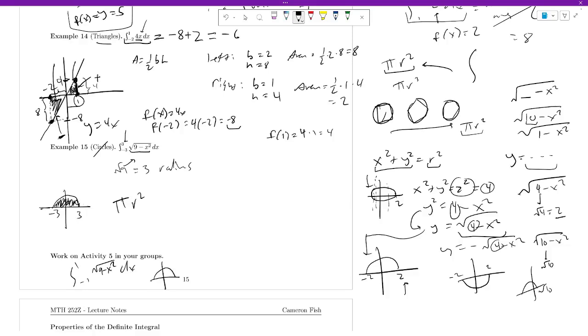I'd have the same graph, except I'd only be getting this part. I'd be artificially restricting you between -1 and 1. And that's not something we can really do super easily without calculus. It's only because I'm getting all the way to the left and all the way to the right part of the circle that I have a hope of using my circle formula.